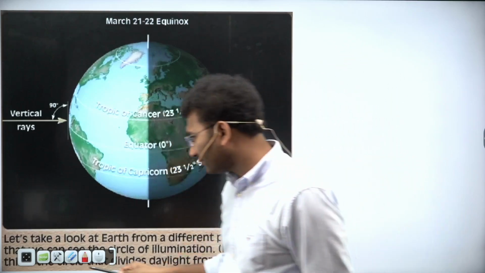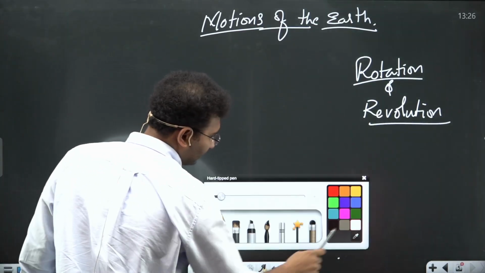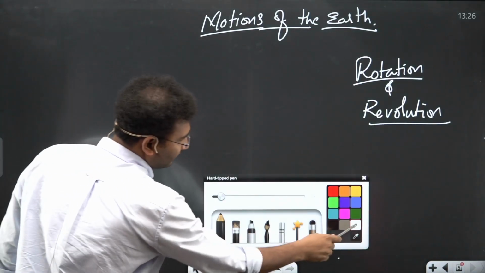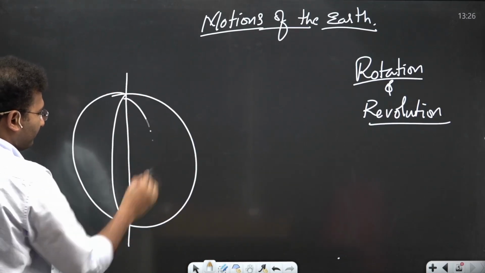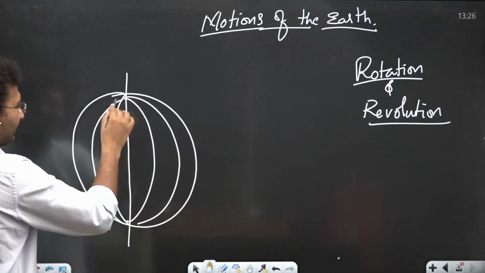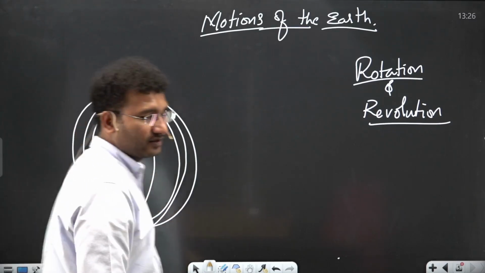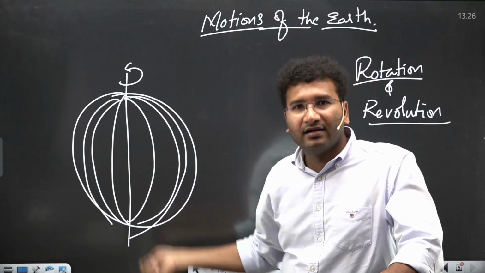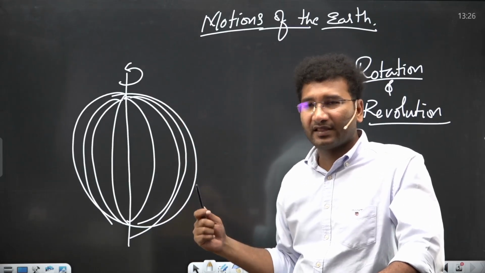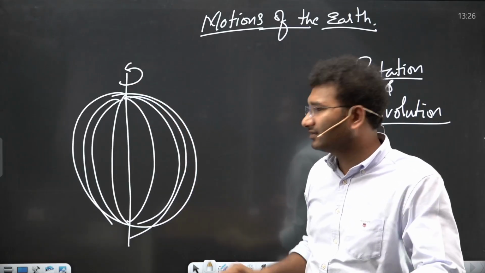Now see, let's imagine this is our earth, and I am keeping the axis of the earth straight. This is the axis. Axis is nothing but the line on which the earth rotates. Imagine this is one earth.